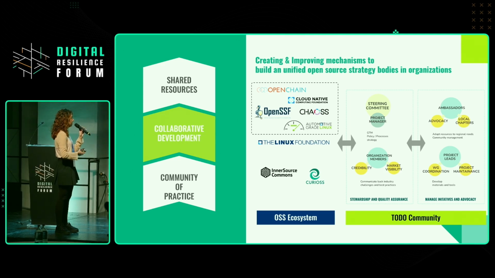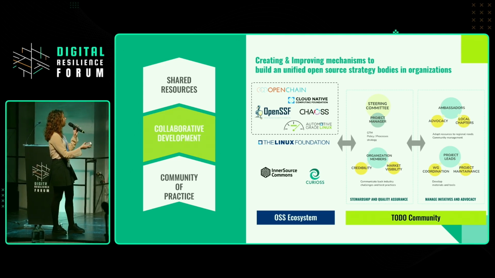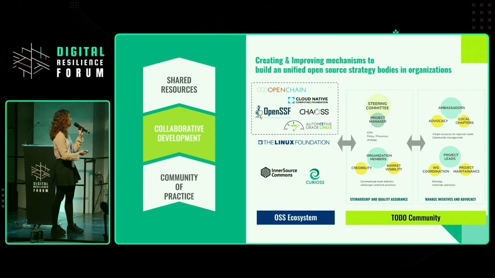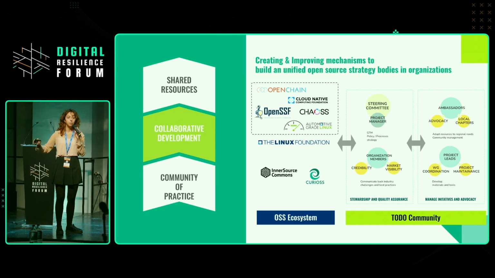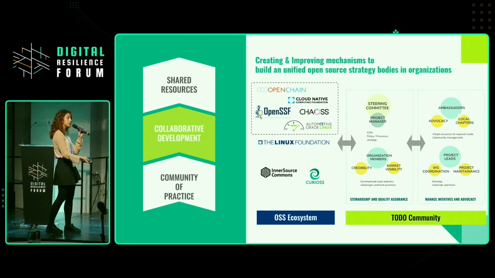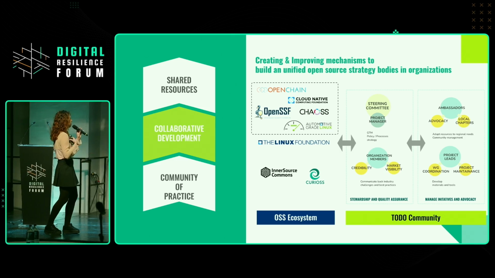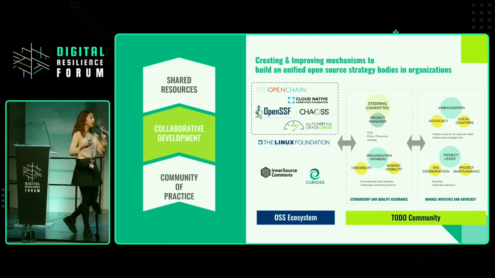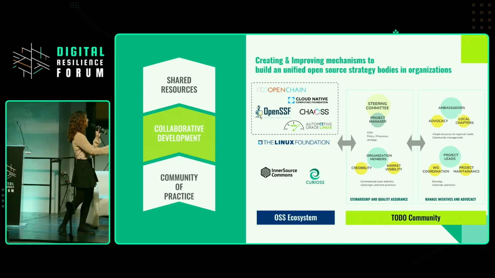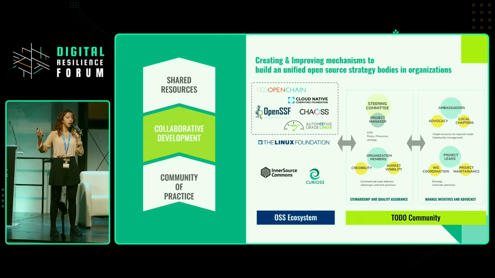The model we follow: we have a steering committee and member organizations with trusted people who have deep experience in open source program offices and open source operations. They give us credibility and communicate back industry challenges. Then we have the community based on ambassadors who help drive advocacy.